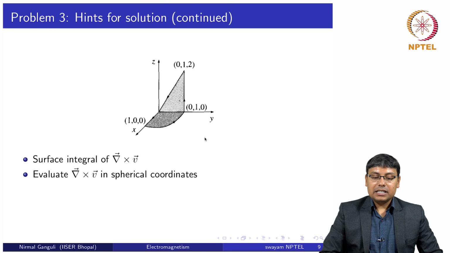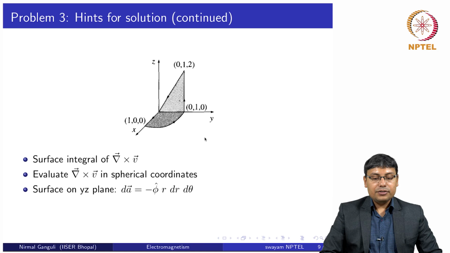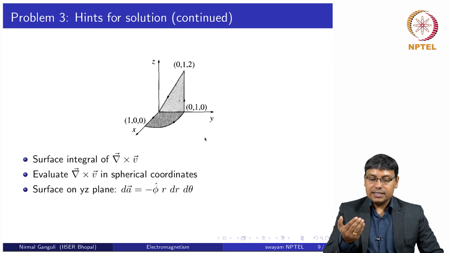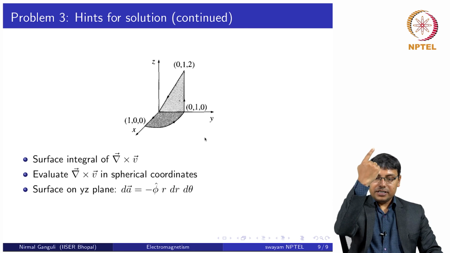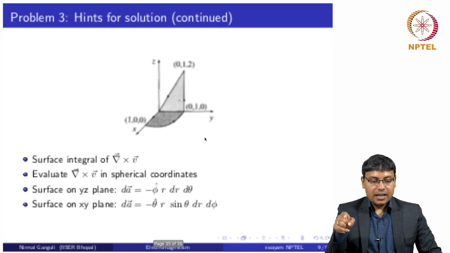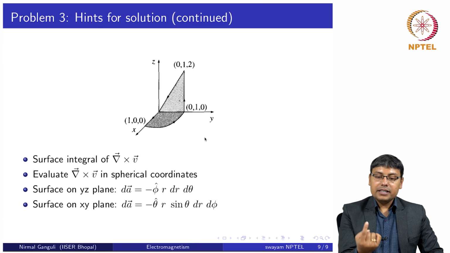After evaluating the curl of the vector v in spherical coordinate system, we need to perform this integral over two surfaces. One surface is on yz plane, so dA would be minus phi cap, that is above the screen, that's the direction above the screen, times r dr d phi, and the other surface is on xy plane, and here the direction is along z axis.